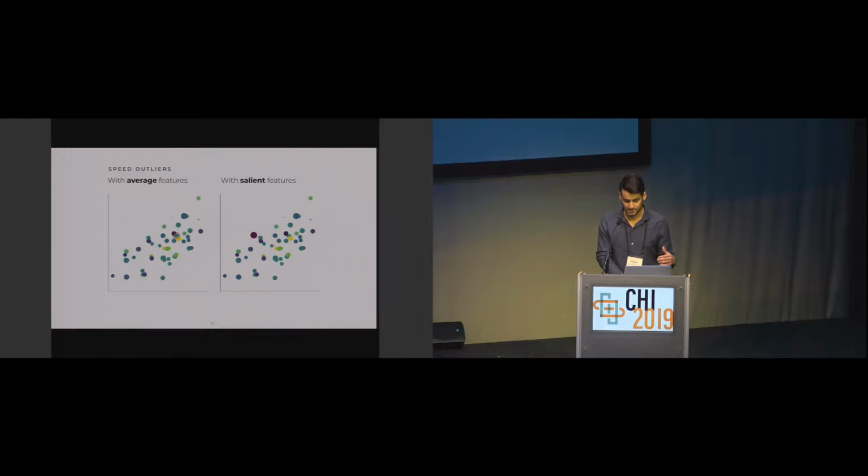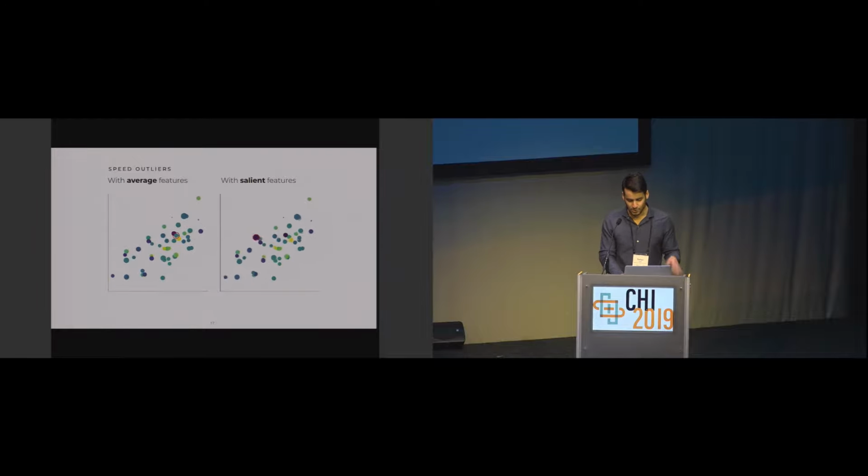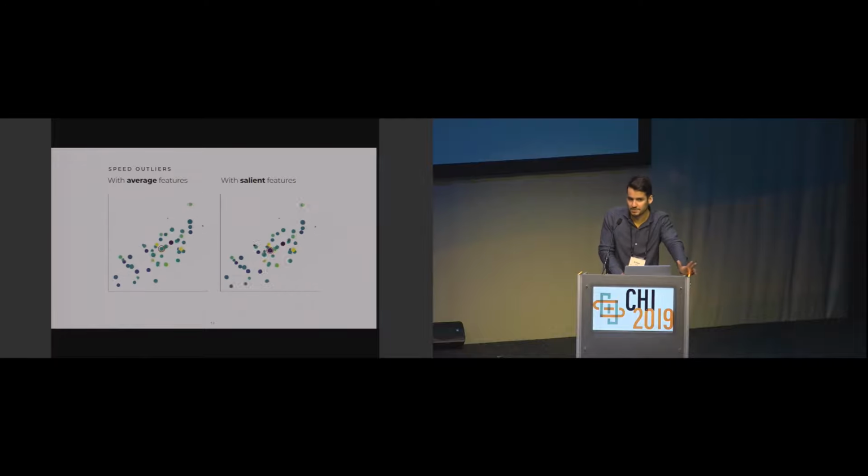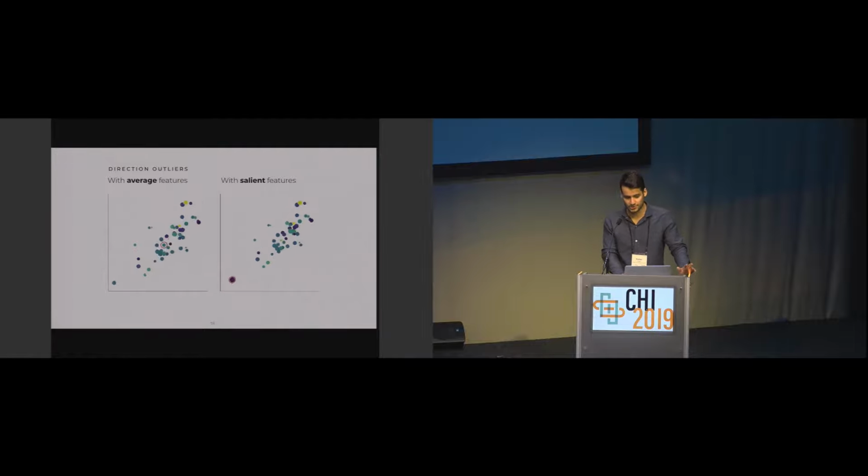So it has a more salient color, more salient size, and is moving in a more salient direction. So we can measure if these changes influence people's ability to find the target. And we can do the same thing for direction outliers. So we have direction outliers presented with average and with salient features.